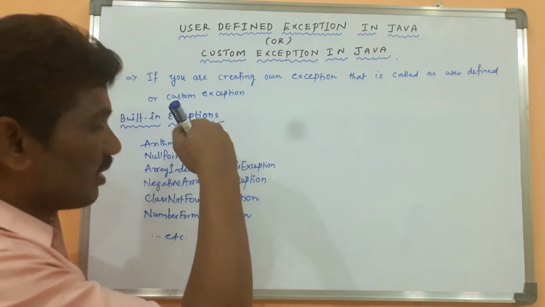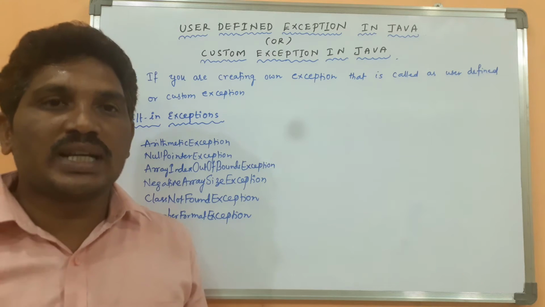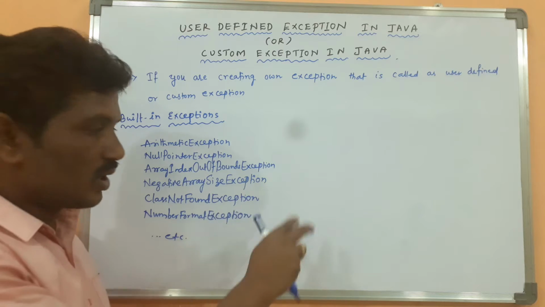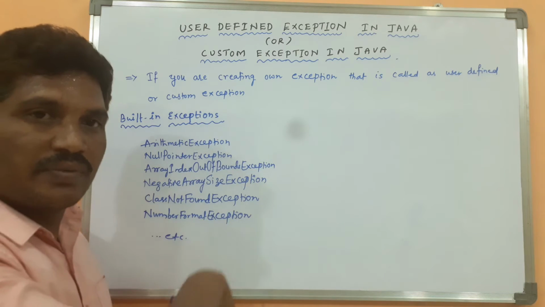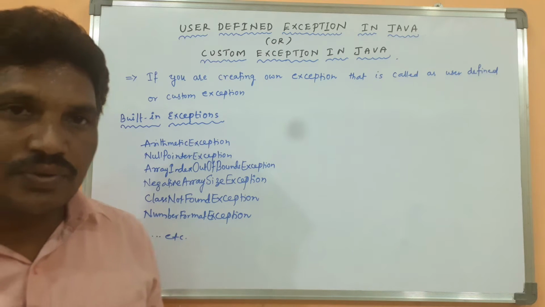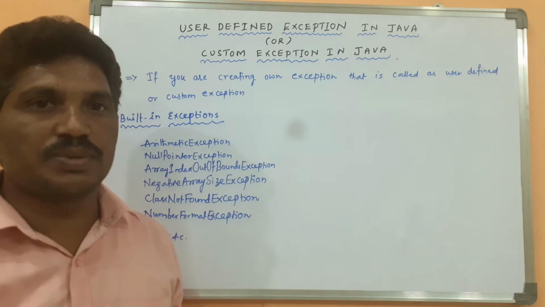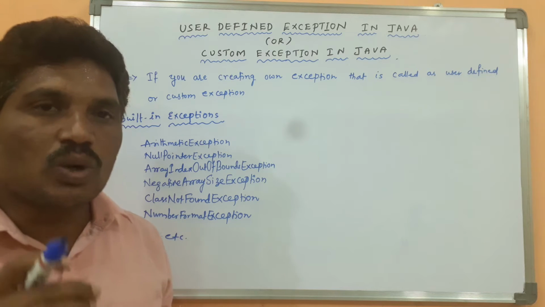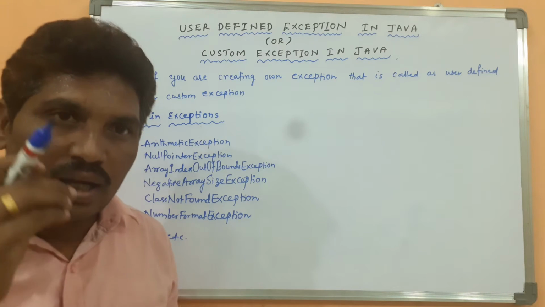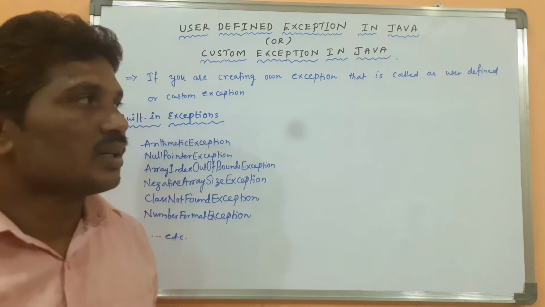But if you want to create your own exception apart from these exceptions, they wrote the code for the already predefined exceptions, which are also called predefined exceptions. But if you want to create your own exception, then that is called a user-defined exception, which is also called a custom exception.